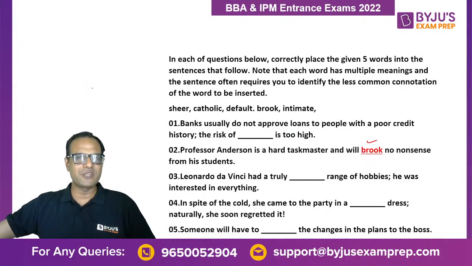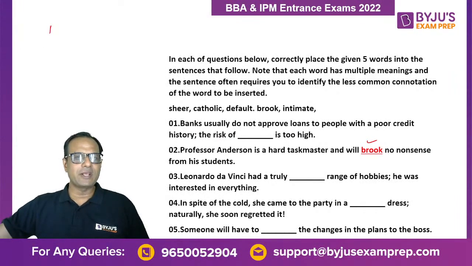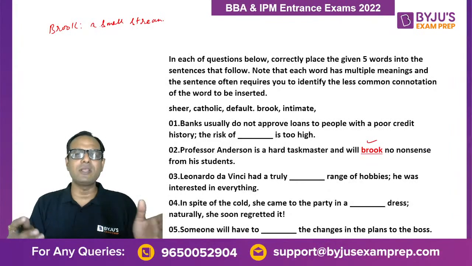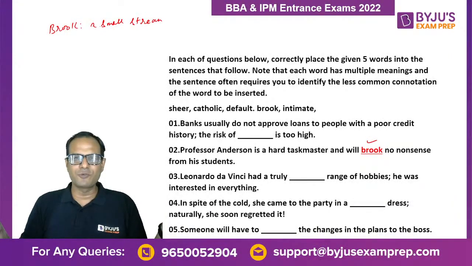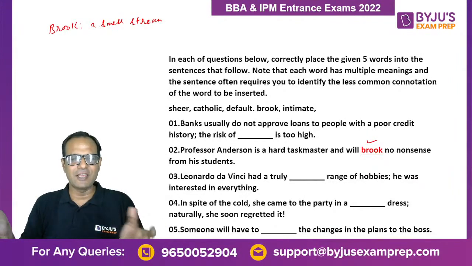Now comes the explanation. Brook has two meanings. The first meaning is a small stream, a small river. Remember Alfred Lord Tennyson's The Brook. The poem says, I come from haunts of coot and hern and make a sudden sally. Remember the poem? I don't know how many of you read it.